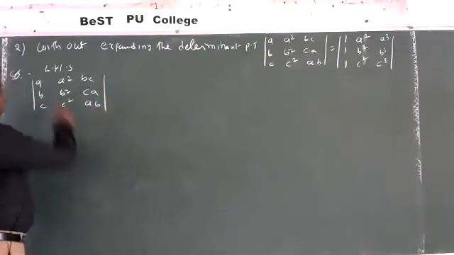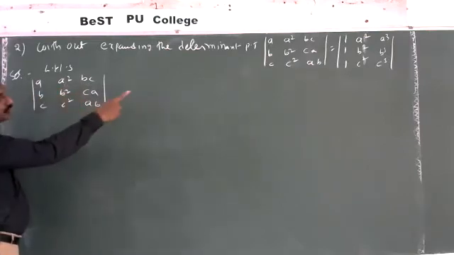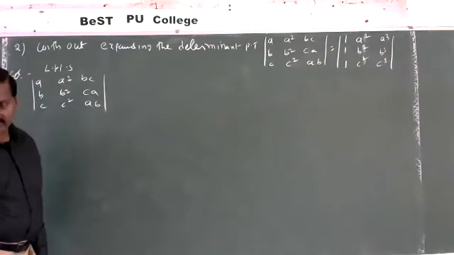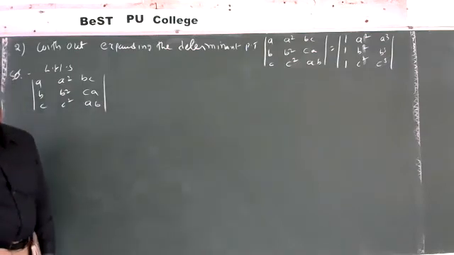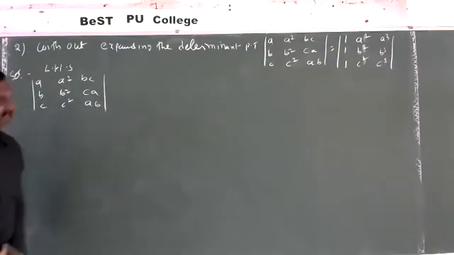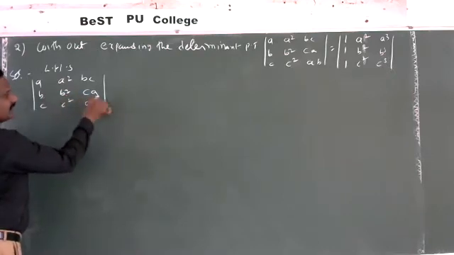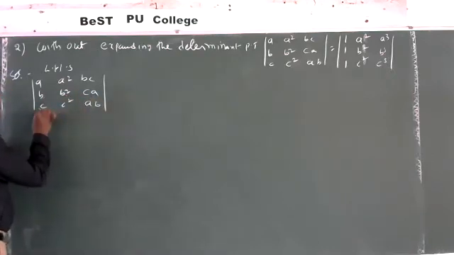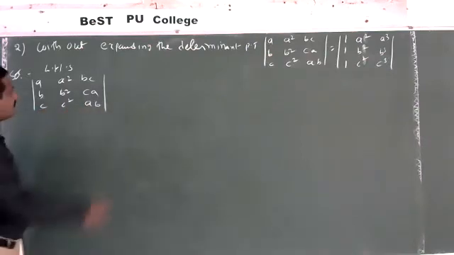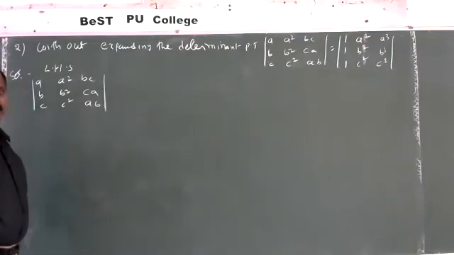Here see that if you multiply r1 by a, it becomes a square, it becomes a cube, because on the RHS side a square, a cube terms are there. That's why multiply r1 by a. Next r2 by b, square, b cube, abc; r3 by c, square, c cube, abc. Next from the third column we can take abc common.